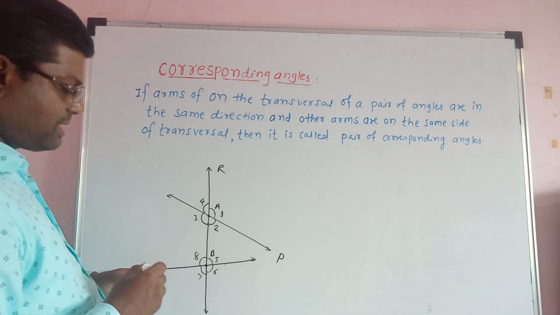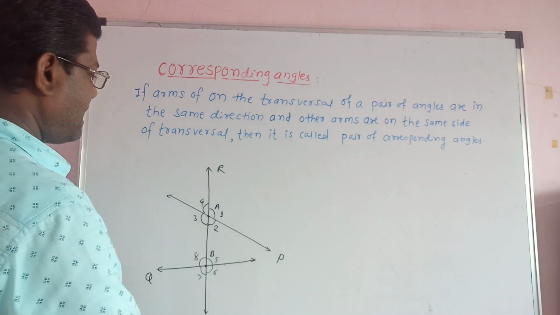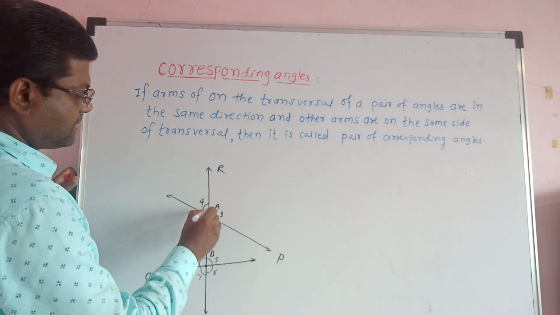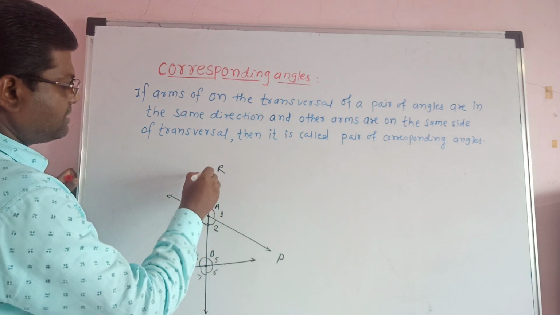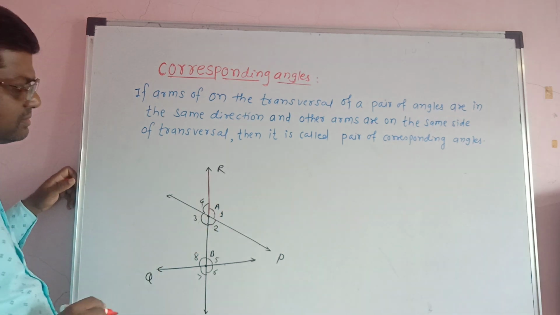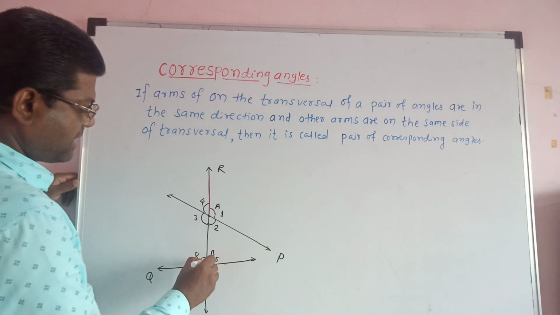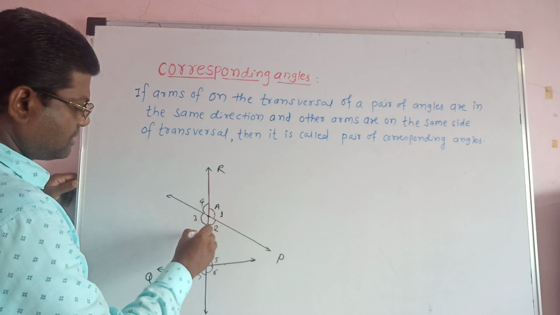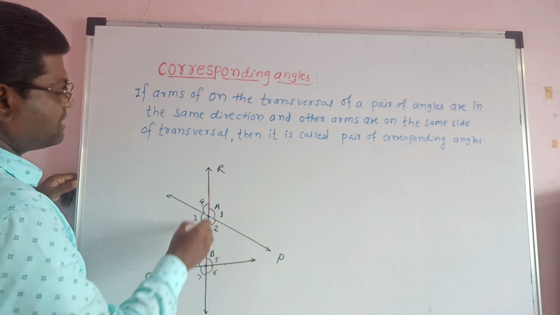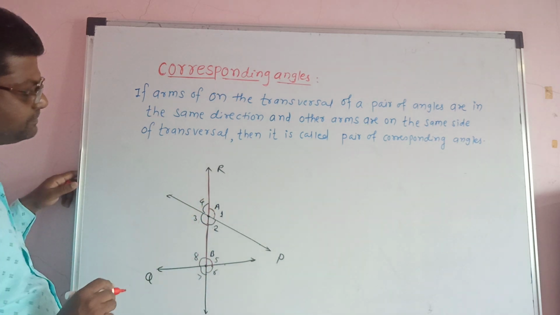Now what is meant by corresponding angles? Now consider angle 1. Angle 1 has one arm on the transversal. Angle 5 also has one arm on the transversal, in the same direction.